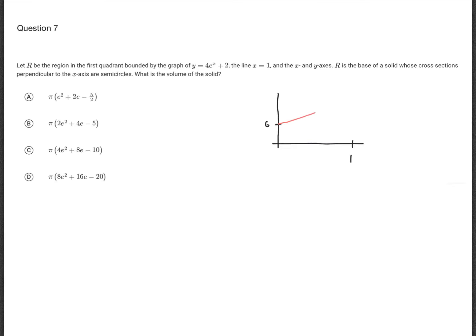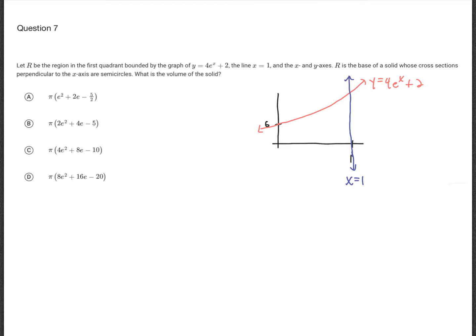Whatever, it's some kind of increasing function. This will be x equals 1. This will be y equals 4e to the x plus 2. So the first quadrant bounded by this line and the x and y axes, this is the region they're talking about.